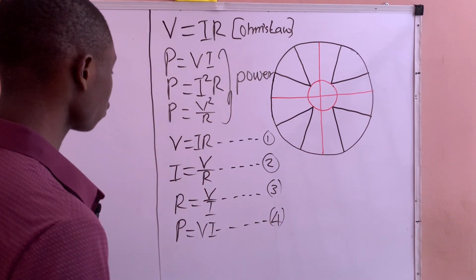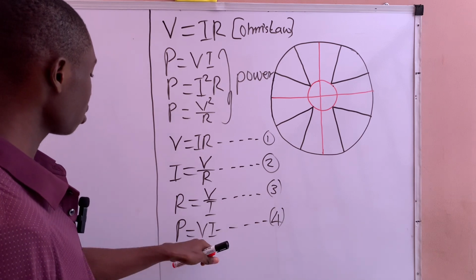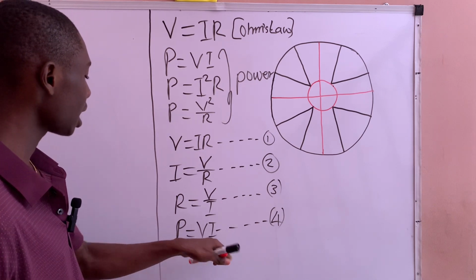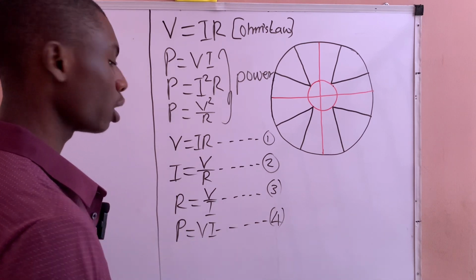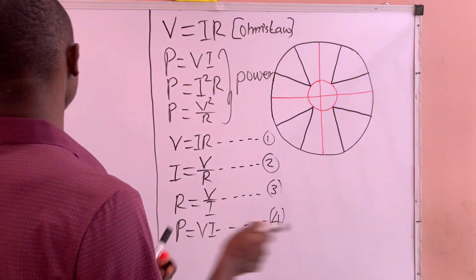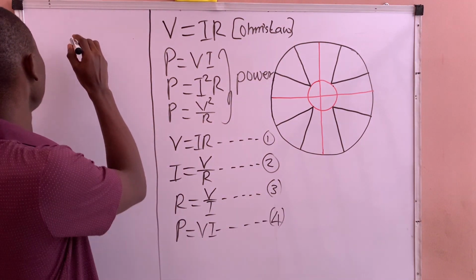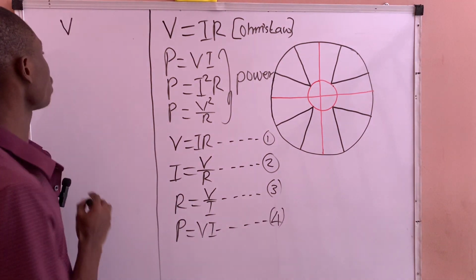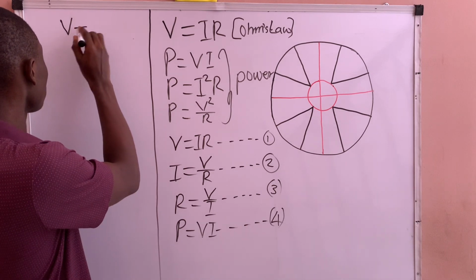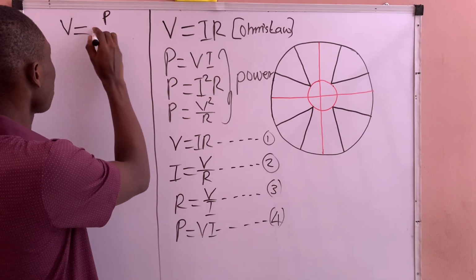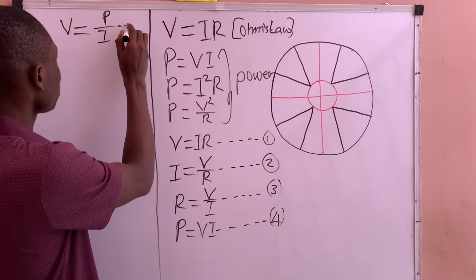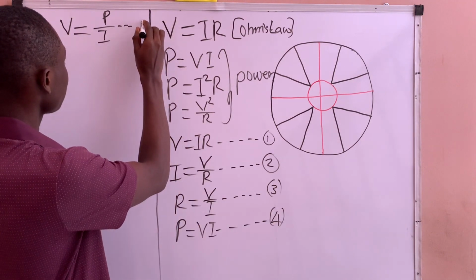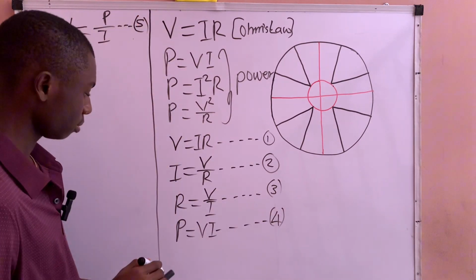Also, from this equation 4, we can rearrange it by making V and I the subject of the formula. By making V the subject of the formula, it will be equal to P all over I. We call this equation 5.